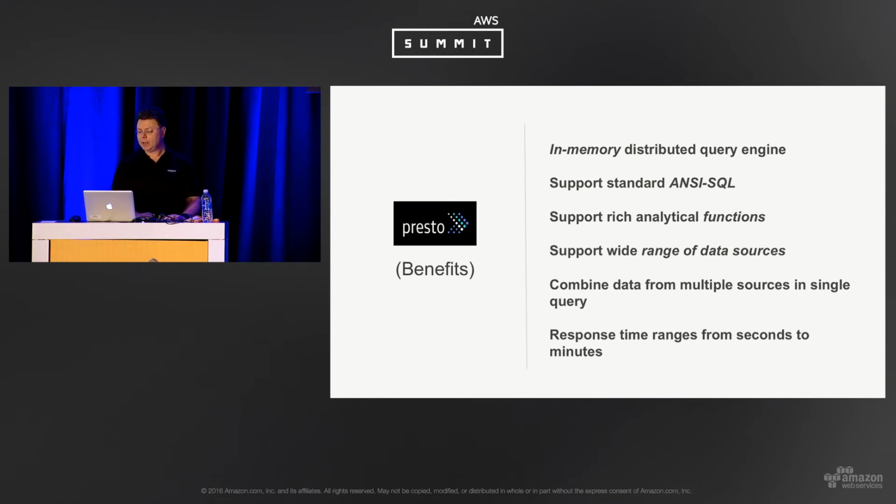What are the benefits? So the key distinction is it's an in-memory distributed query engine. So as I said, it avoids the MapReduce step. The next slide will make the point why that's so important. But it's an in-memory engine that's very powerful. It was designed explicitly to support ANSI compliant SQL. As you may know, Hive and Pig and other query engines that are part of the Hadoop ecosystem are not necessarily ANSI compatible.